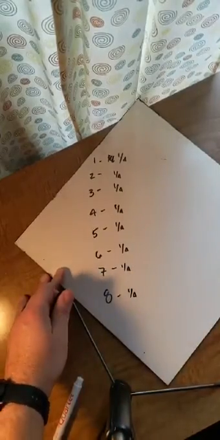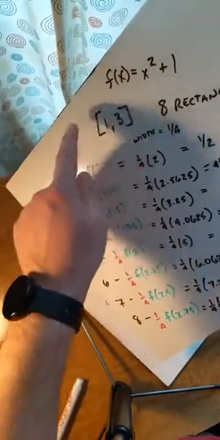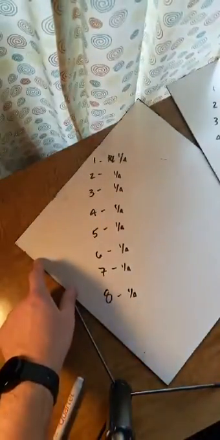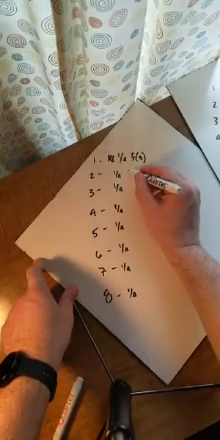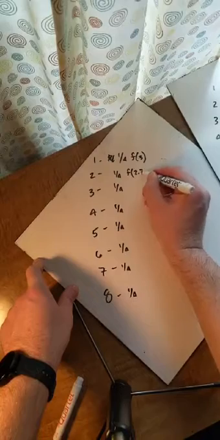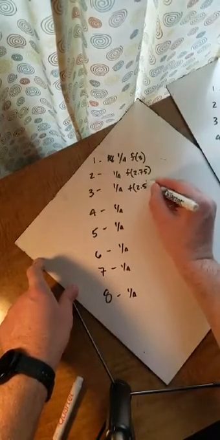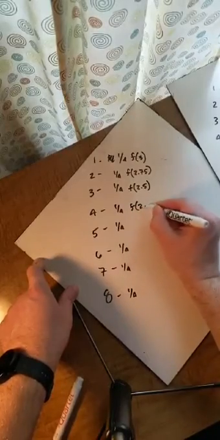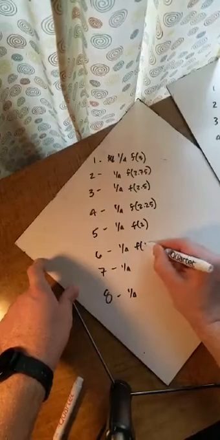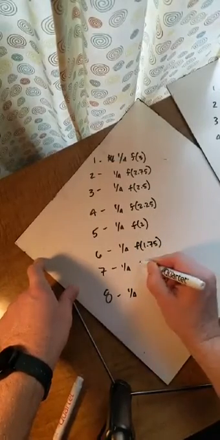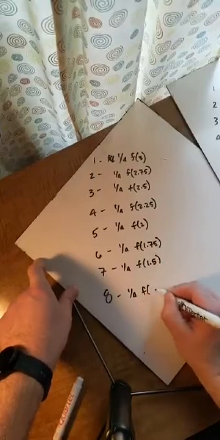But on the right bound, we're going to start with 3, not 1, and work our way backwards. So we'll have f of 3, and then we'll subtract a 4th from that, so that'd be f of 2.75, and then f of 2.5, and then subtract a 4th, so 2.25, and then 2, and then 1.75, and then 1.5, and then 1.25.